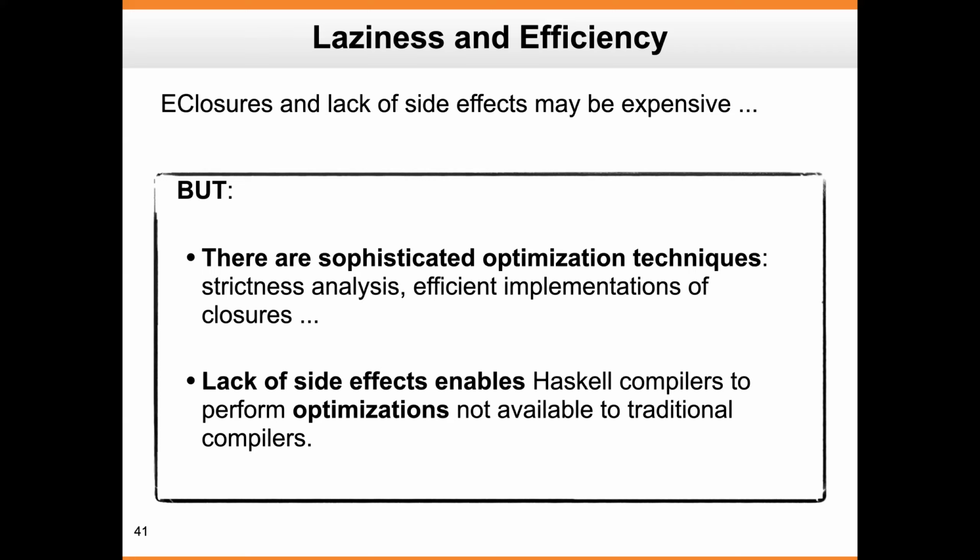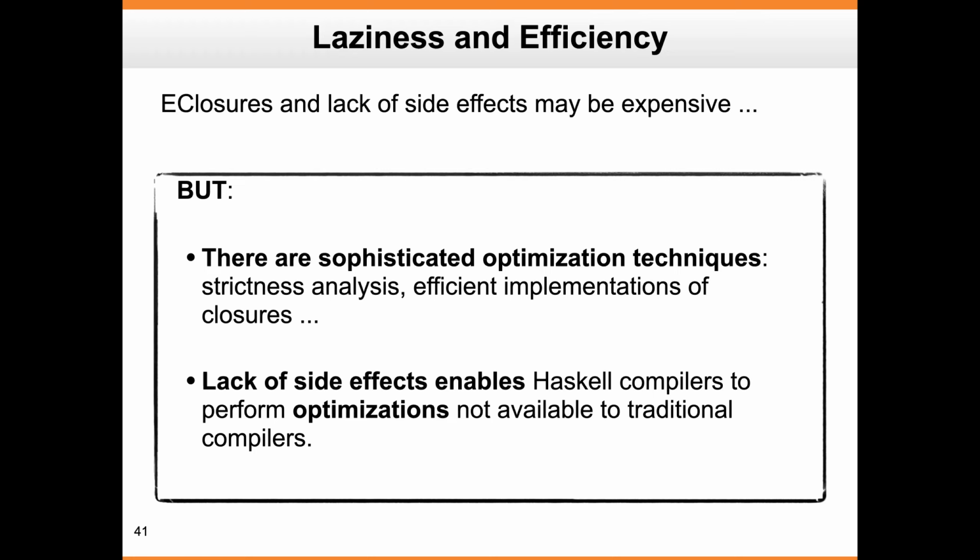Everybody would think they are expensive, but keep in mind, when people jump and tell you immediately, when you say you like a high level language like Haskell, and you get this kind of feedback, oh, okay, this is certainly not efficient enough, that compilers can be very powerful and apply sophisticated optimization techniques to reduce or eliminate the apparent overhead.